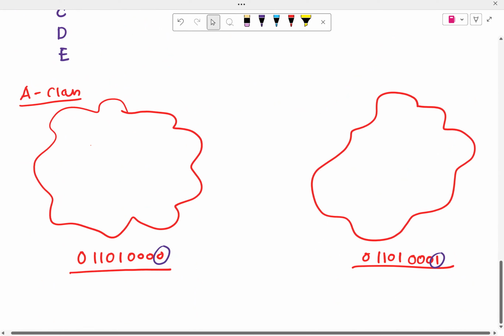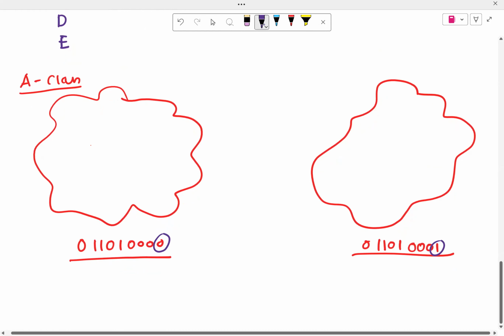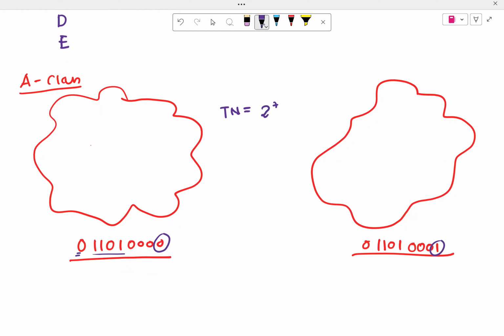Now the total number of networks it can represent will be 2 to the power 7, because the first bit 0 is always fixed, and the number of possible combinations of 7 bits is 2 to the power 7. That is the number of networks.